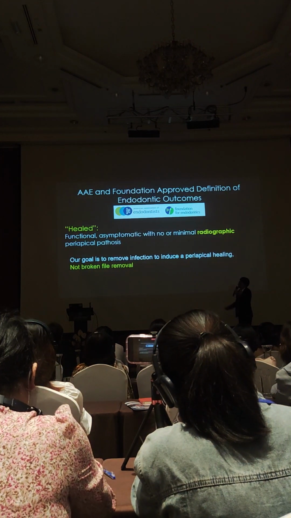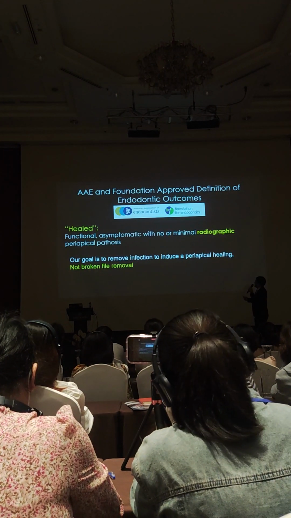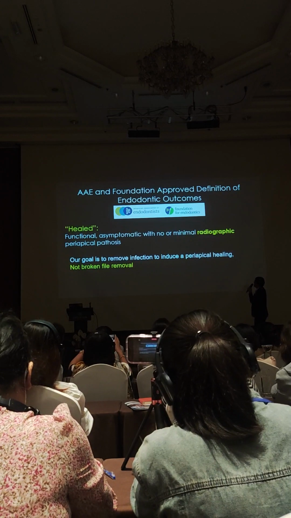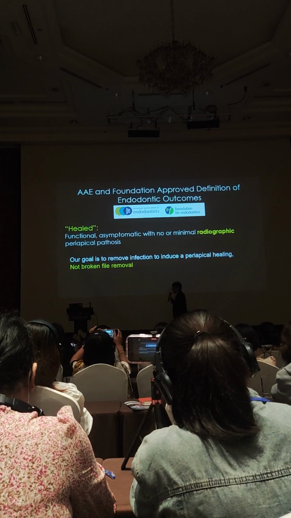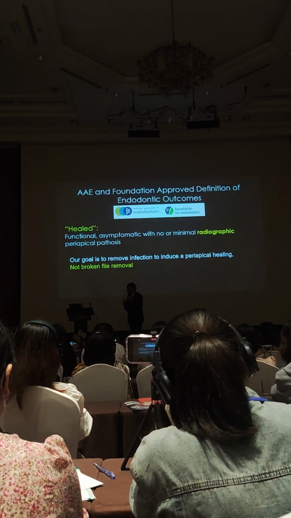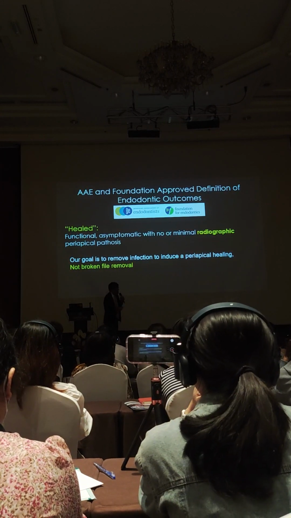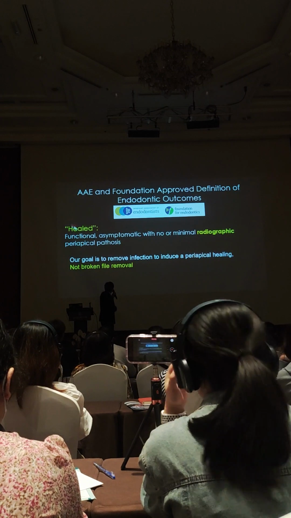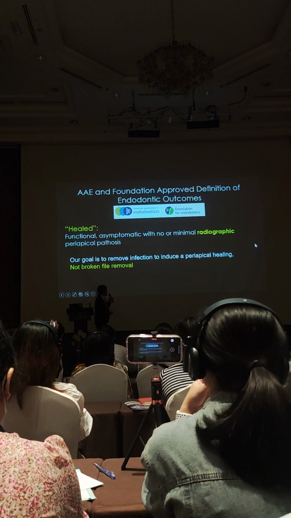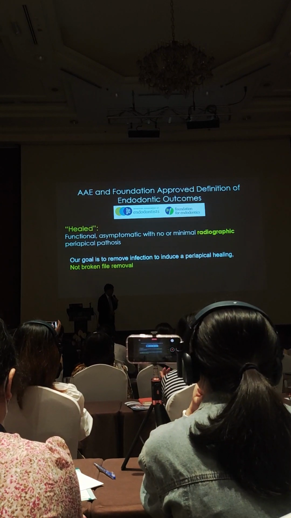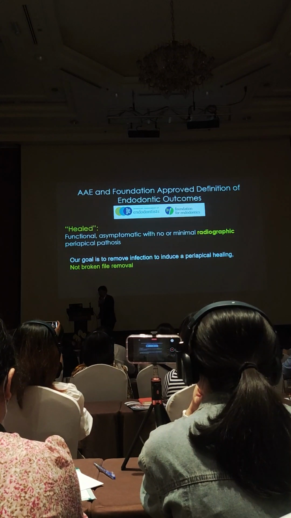If you go by the AAE and the Foundation approved definition of endodontic outcome, when the tooth is considered healed, the tooth must be functional, asymptomatic, with no or minimum radiographic periapical pathosis.